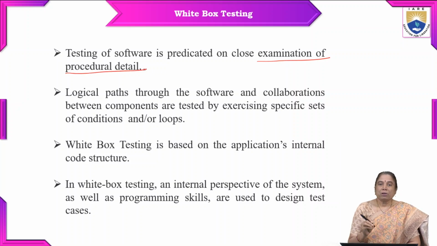So the program logic must be considered as playing an important role in white box testing. The logical paths through the software and collaboration between components are tested by exercising a specific set of conditions and loops. So the programming structures are tested here in white box testing.